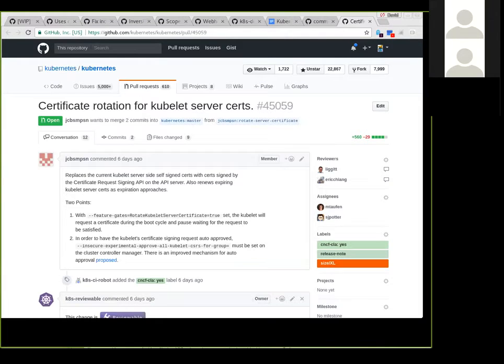So I guess the conversation here is the possibility of expanding that approver built into the controller to start being a little bit more smart than just, hey, you're part of this group and therefore we approve you.